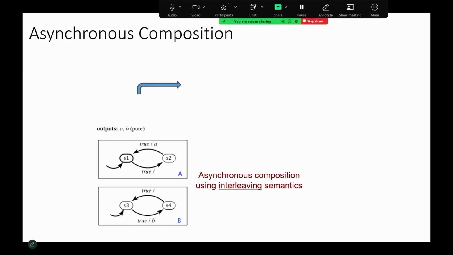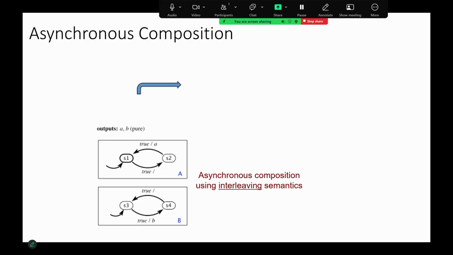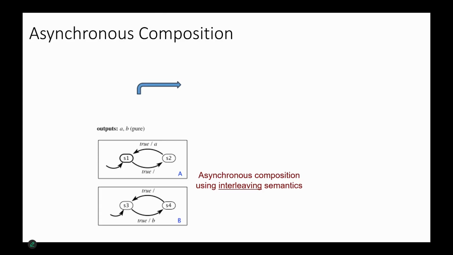Now, as a bonus question, can you give the asynchronous semantics using interleaving composition? The choice is non-deterministic. The choice of A and B is non-deterministic, right?